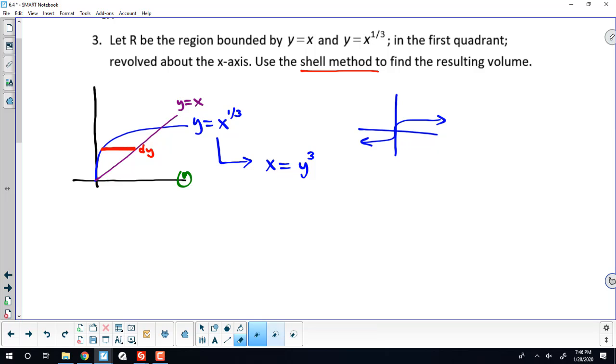So I guess now the question becomes, we're using shells, which are 2 pi times r times h. So what's the height of our shell here?